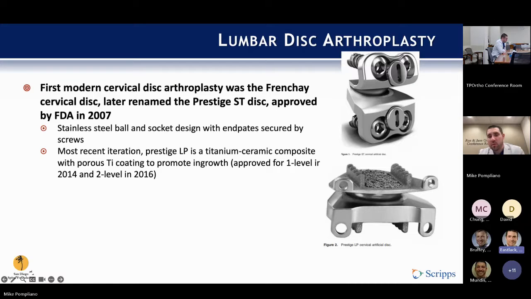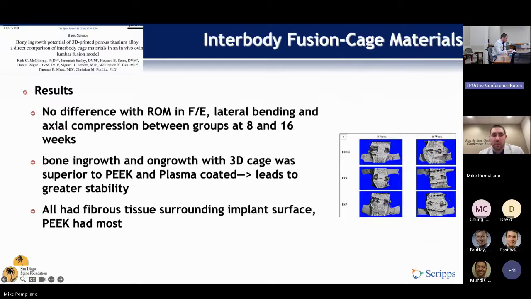Best biomechanical from what perspective? Are we talking about construct stiffness, modulus? Yeah, so the study I would point to covers all of the above: construct stiffness, kinetic motion analysis, looking at PEEK versus plasma coating or not.